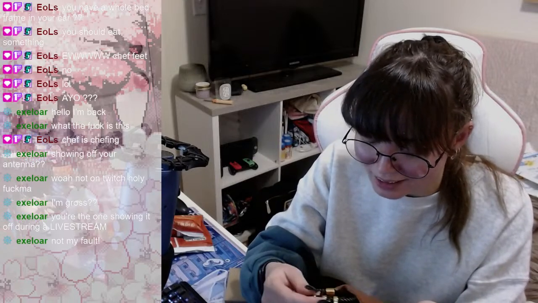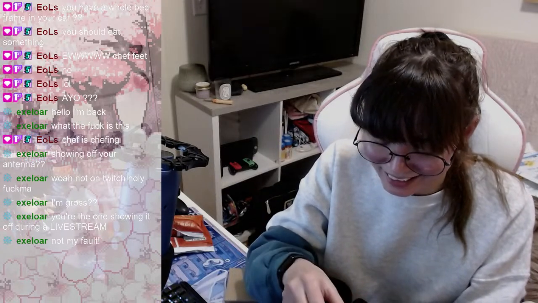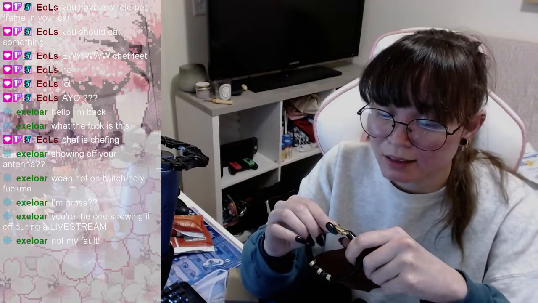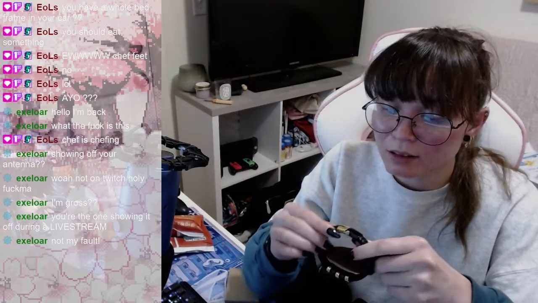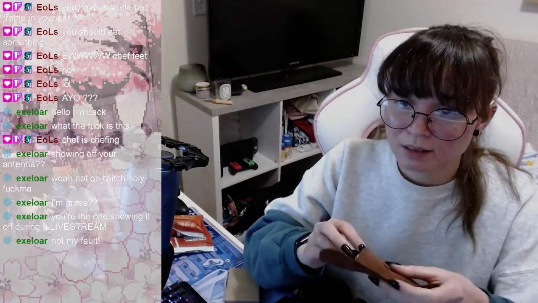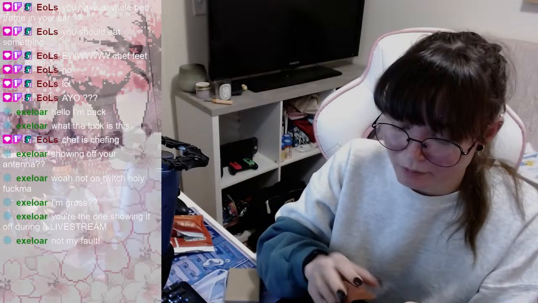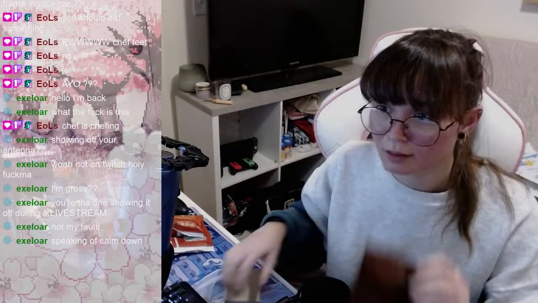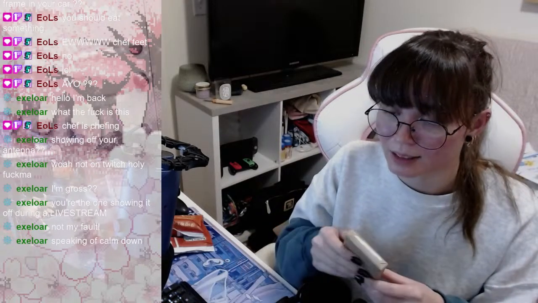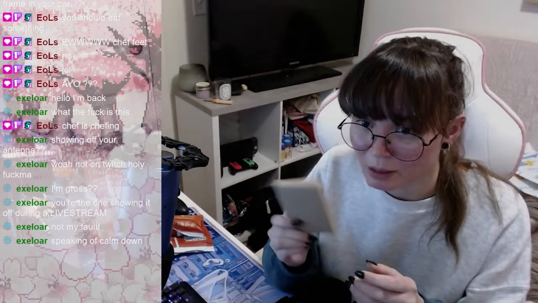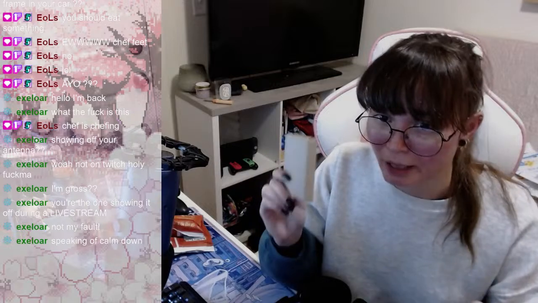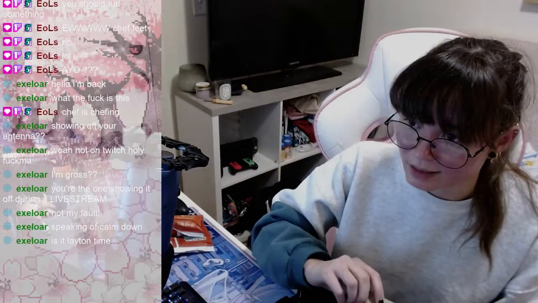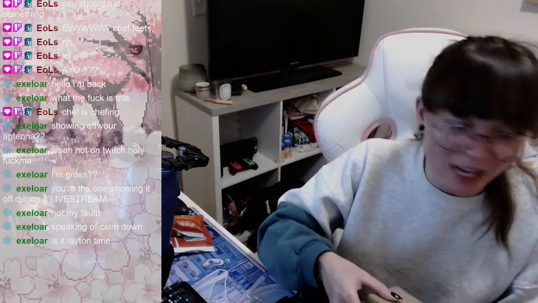Not my fault. Oh my goodness. Calm down. But it actually has a magnet in the way that it hooks in. That's cool. But yeah, so that's that one. And then this one has the black chain, but I've already wrapped it. Not that interesting.